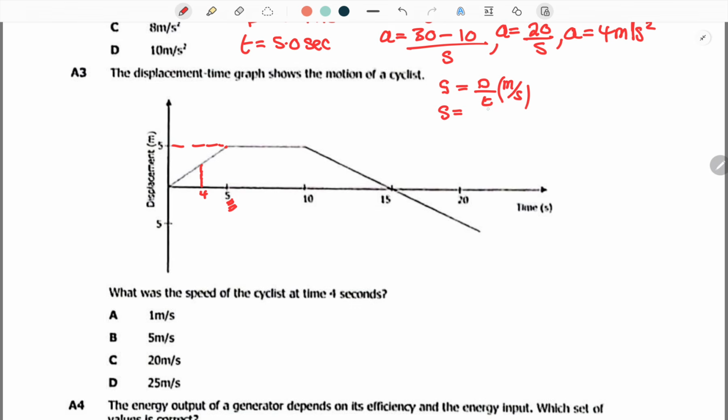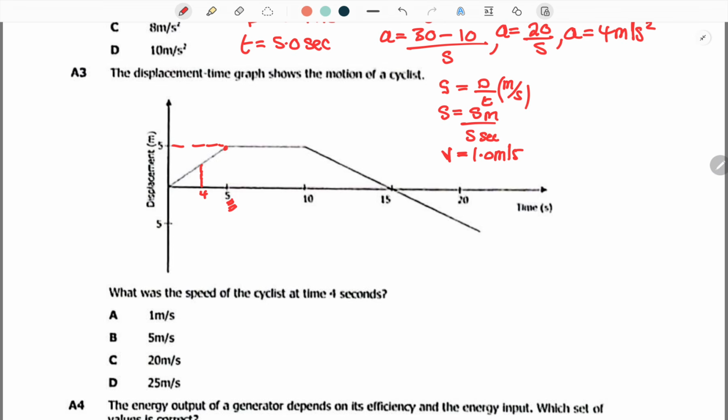So the speed is going to equal the distance, which was 5 meters, over the time, which was 5 seconds. Let me use V to prevent confusion, because this looks like a 5. So this is going to be 1.0 meters per second.